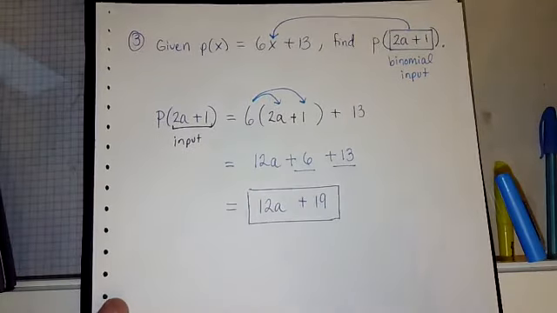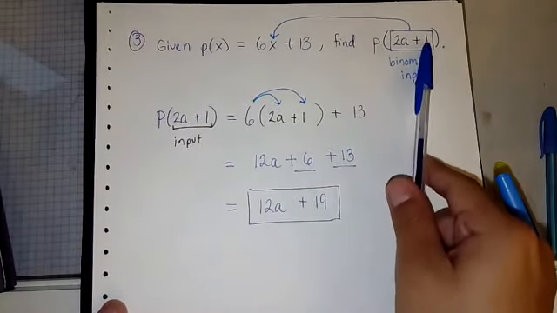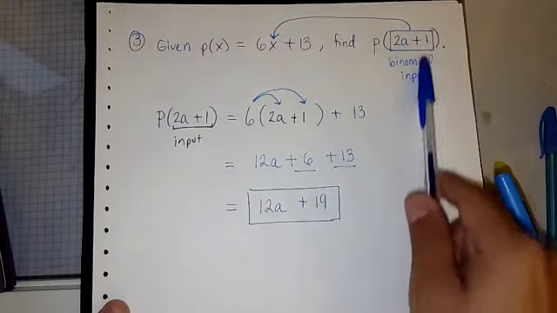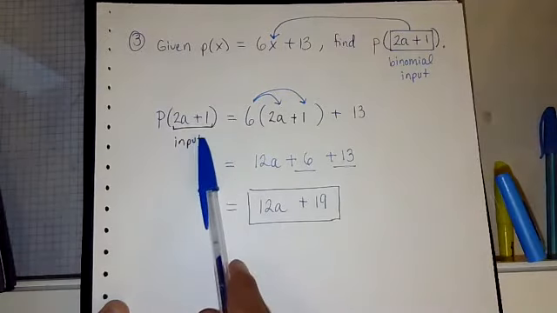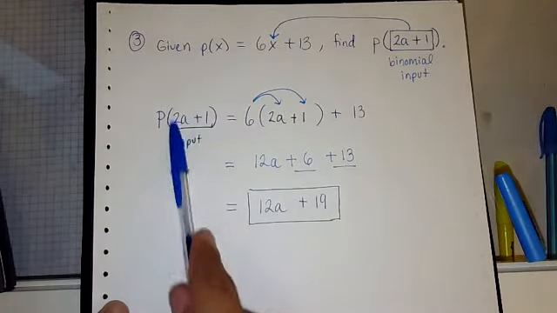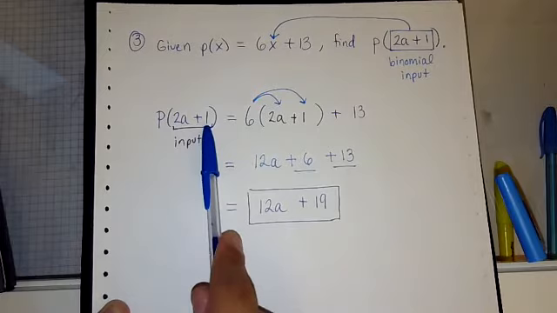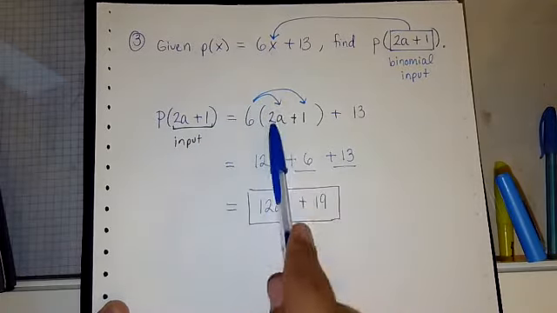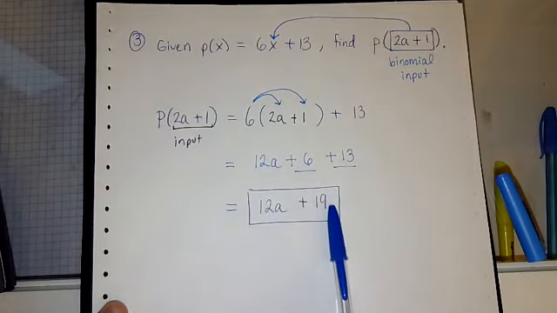Okay, so this was an example where the input value is not a single term. It might be a polynomial expression itself, but the principle is the same. You're going to take that polynomial expression, plug it into the variable, and then you're going to simplify that expression.